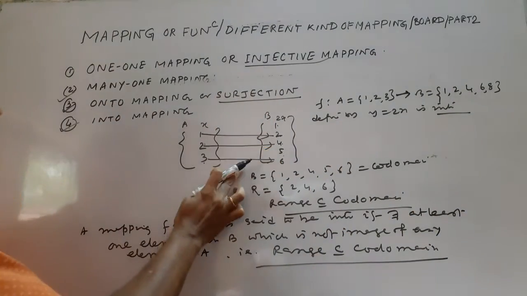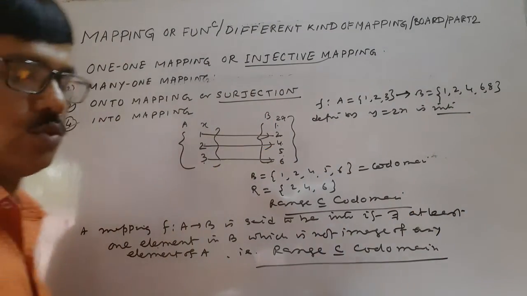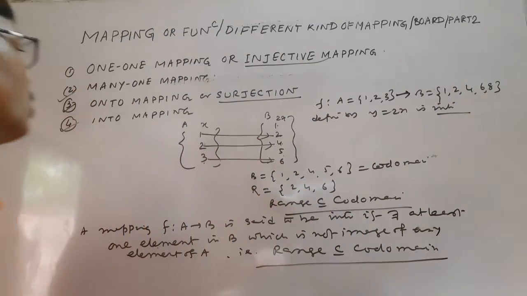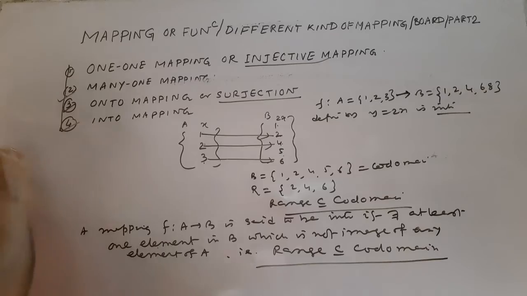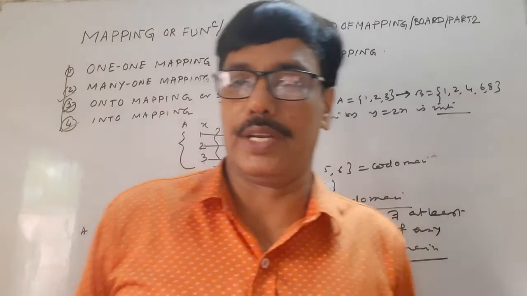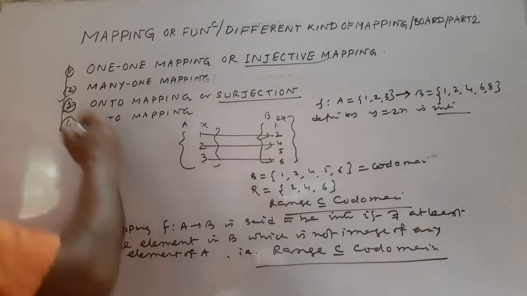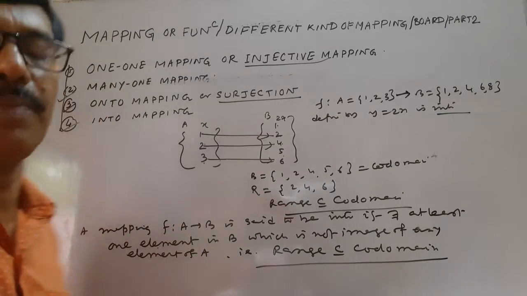Actually this one is one-one into. I am discussing it. So these are the main 4 types of mapping. Now combining these mappings, you can form 4 more types of mapping also.